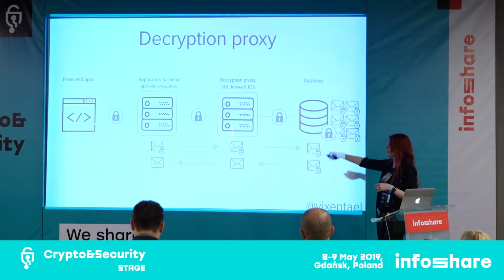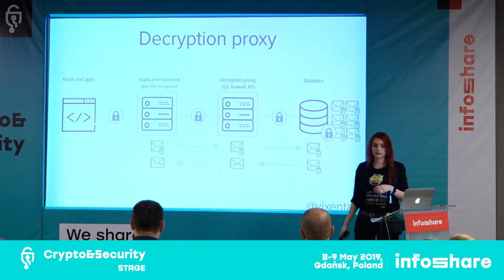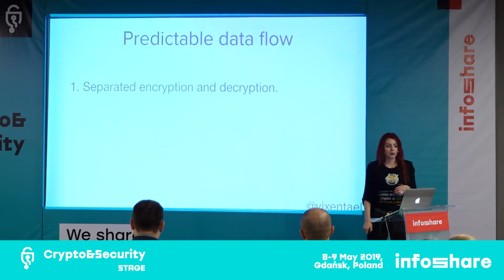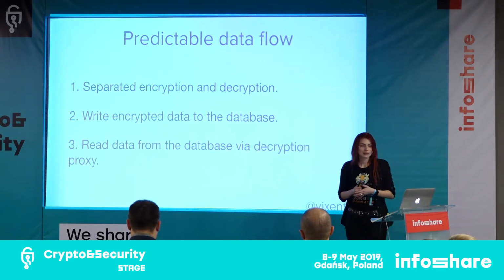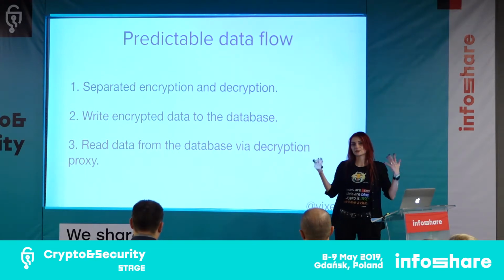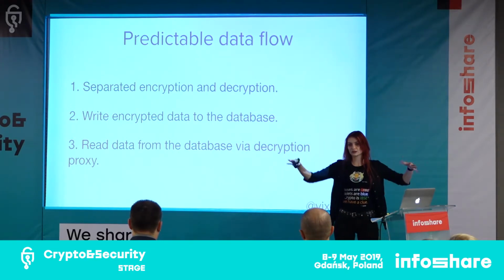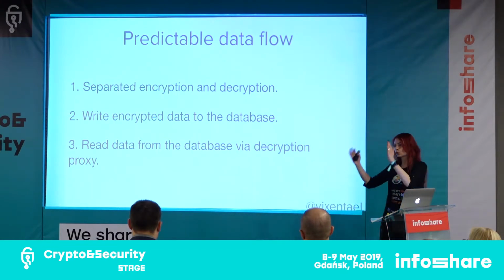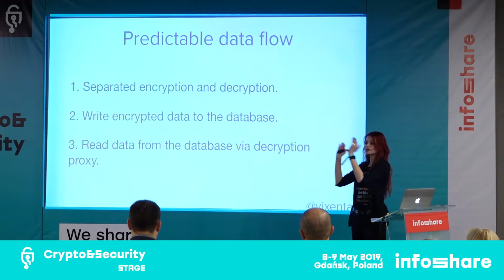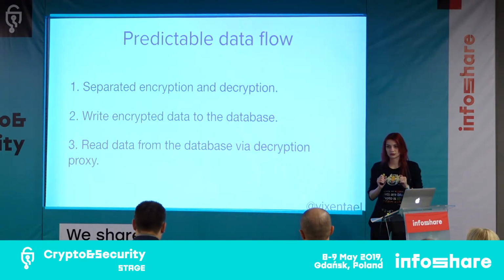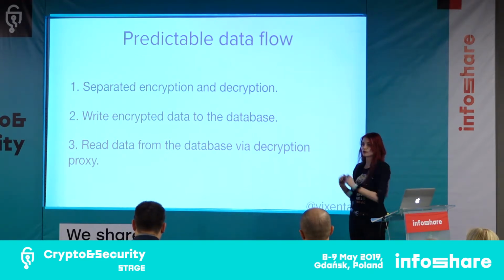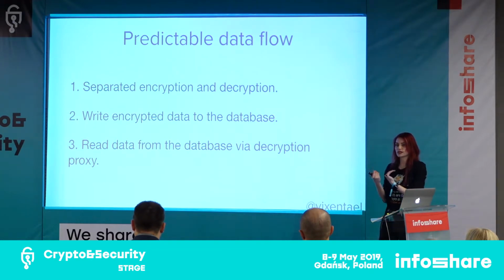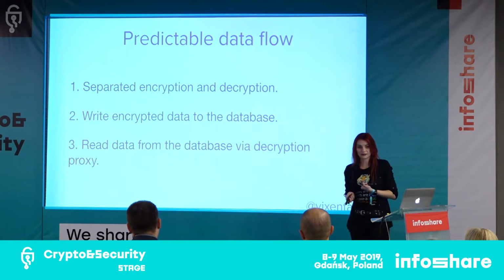So we have only one entity that can decrypt the data, which makes our data flow very predictable. We use the separation of duties. We separated encryption and decryption. Now writing data to the database is very predictable, one way. And reading data from the database through the decryption proxy is also very predictable.